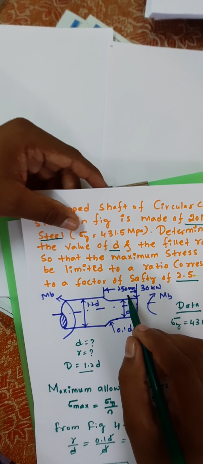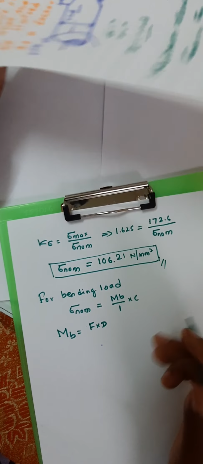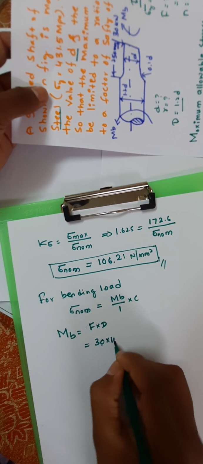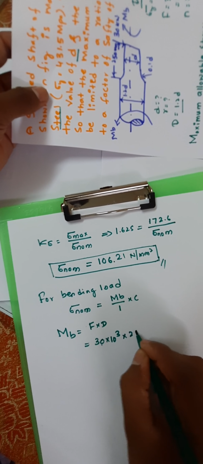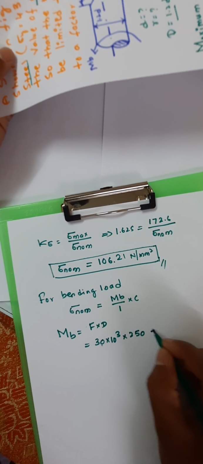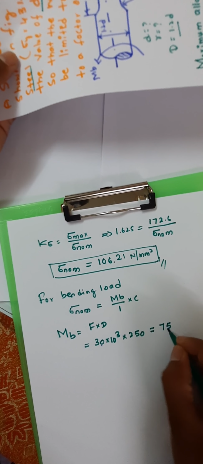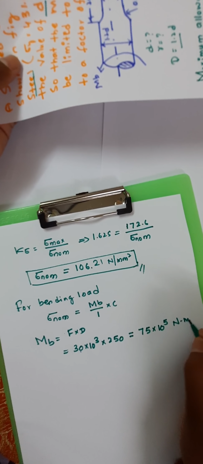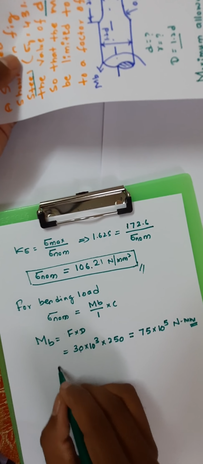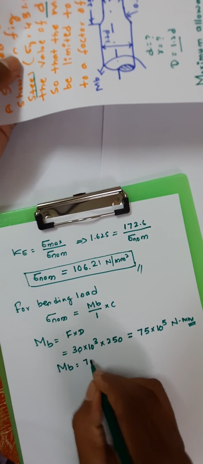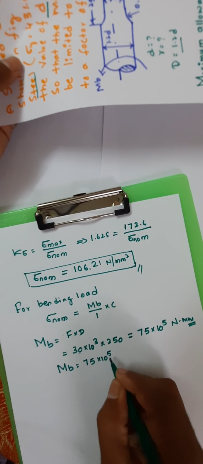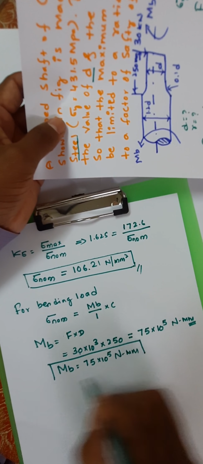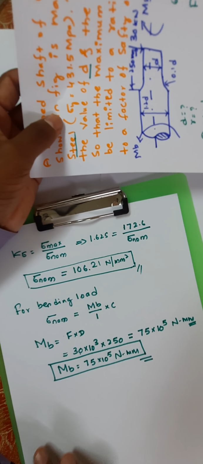If you substitute those values, 30 into 10 to the power 3 into 250, you will get 75 into 10 to the power 5 Newton millimeter. That is the value for Mb.